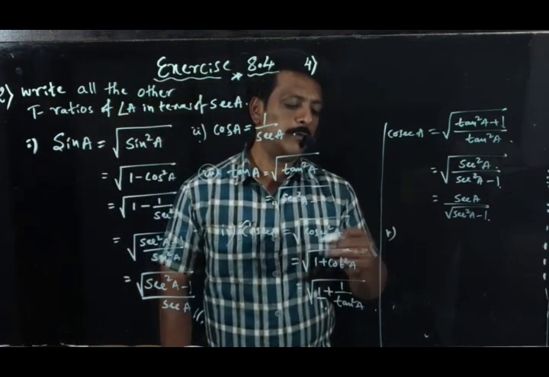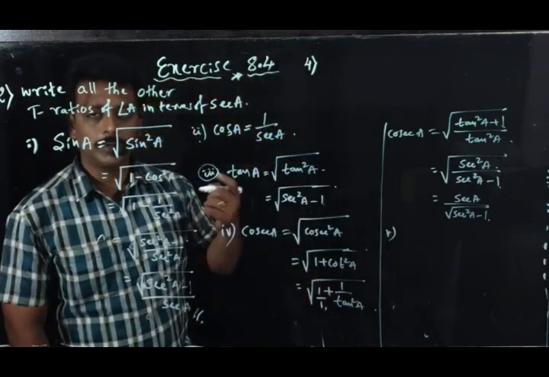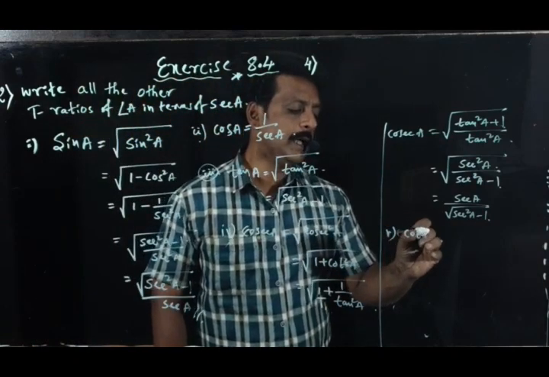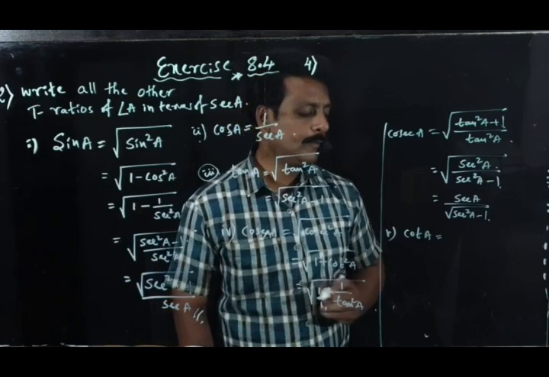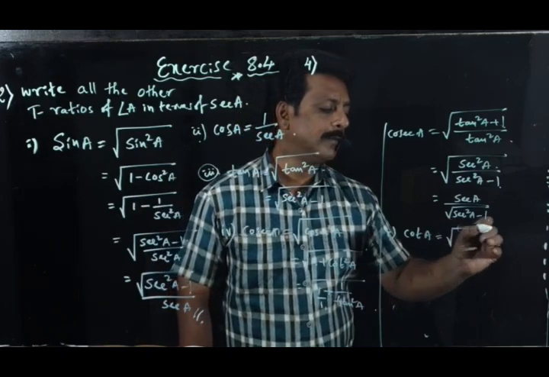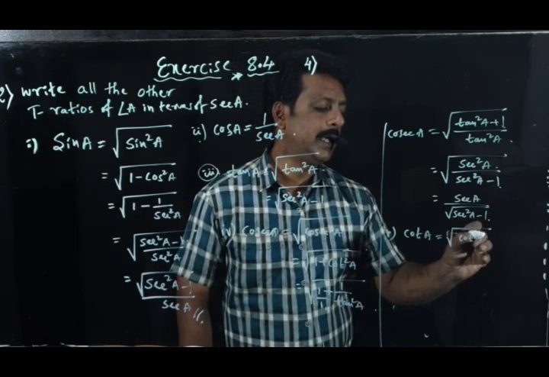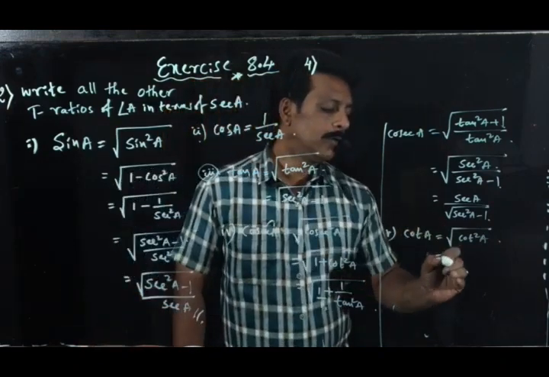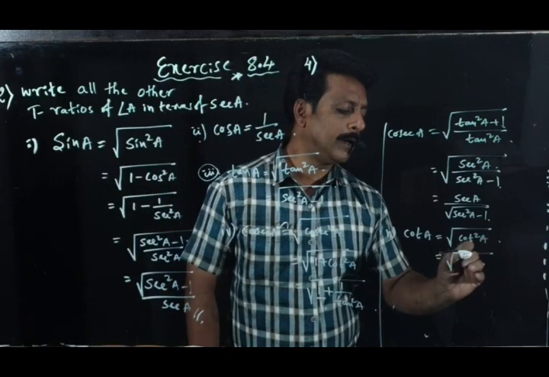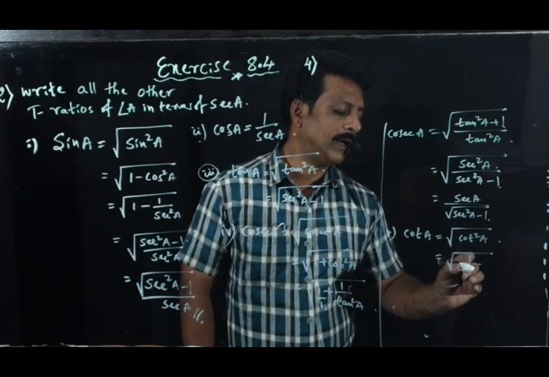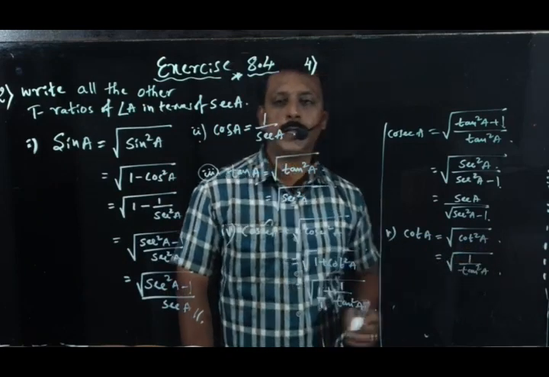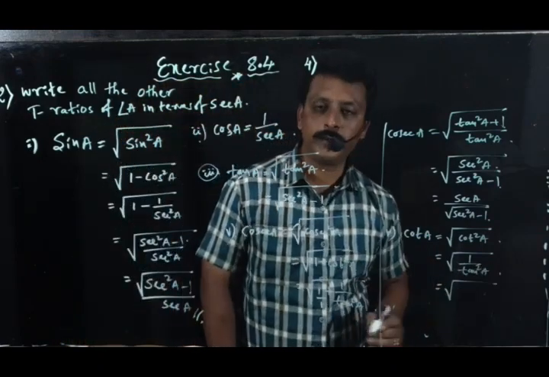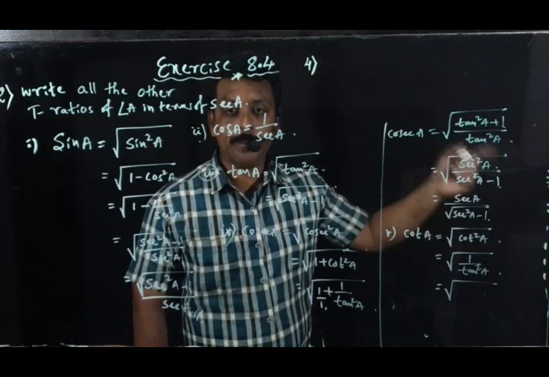I will take you to the fifth one. The fifth one is cot. Cot you have to convert. Cot A is equal to, can I write this as cot square A? Cot square is nothing but 1 upon tan square A. Tan square is equal to sec square minus 1.